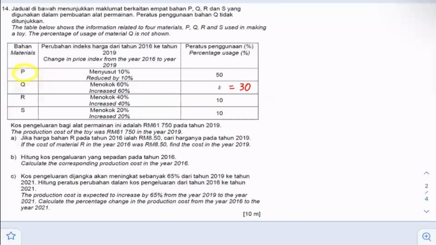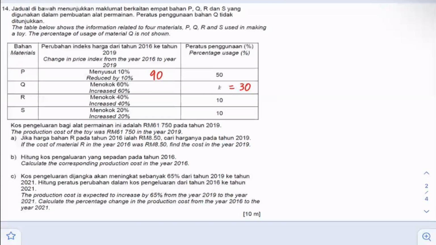For material P, the change in price index from year 2016 to year 2019 is reduced by 10. Originally you are at 100%, and when you reduce by 10, you become 90. So the index number for P will be 90.